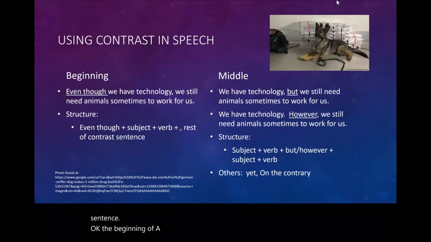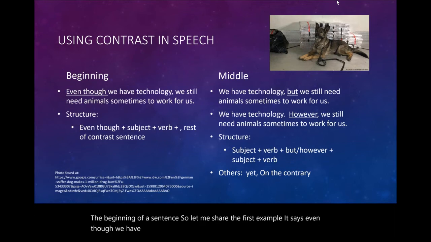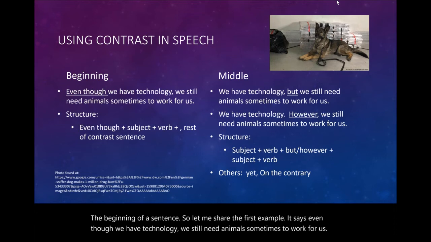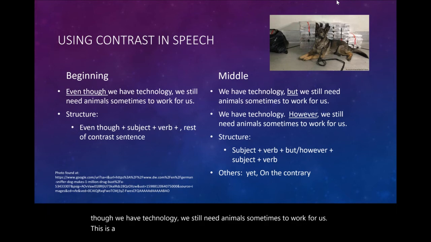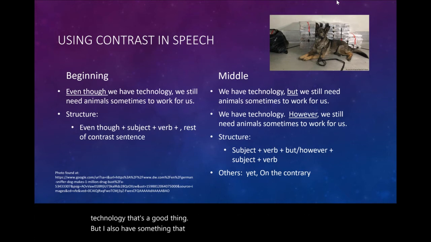So let me share the first example. It says, even though we have technology, we still need animals sometimes to work for us. This is a sentence of contrast because I have something that's good. Oh, we have technology. That's a good thing. But I also have something that we're missing.